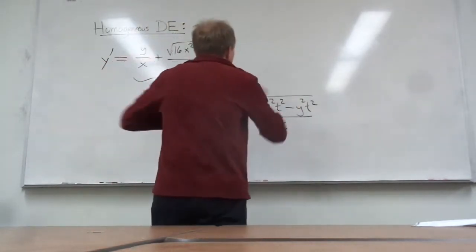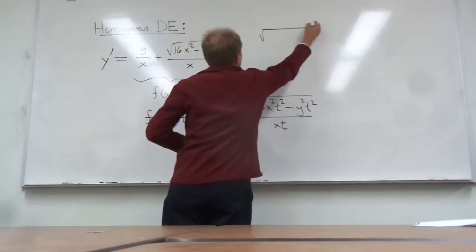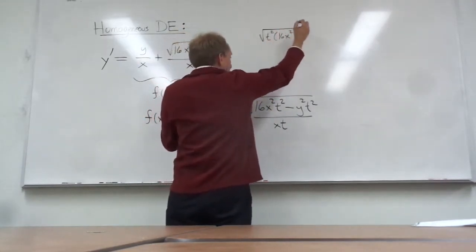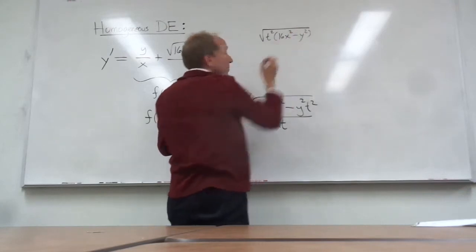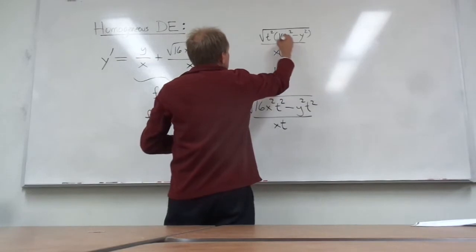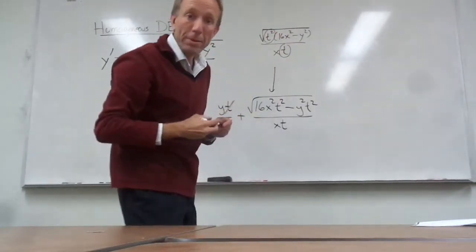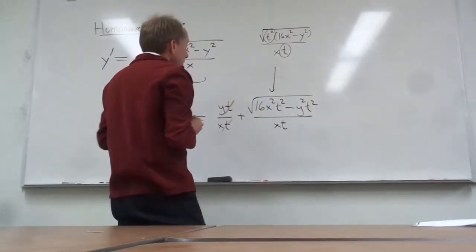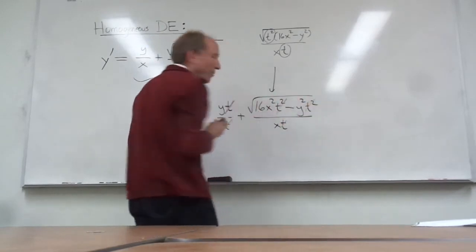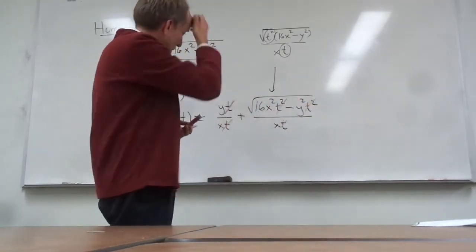So this little piece right here, I can write the top as t squared times 16x squared minus y squared. And when I look at the denominator of it, you see this t and this t squared can be canceled out. So, indeed, we have something where if we simplify it, all of the t's would go away.